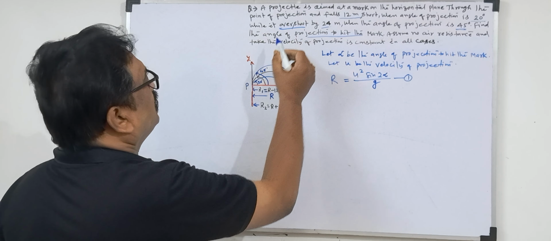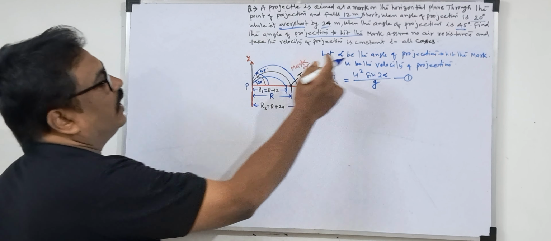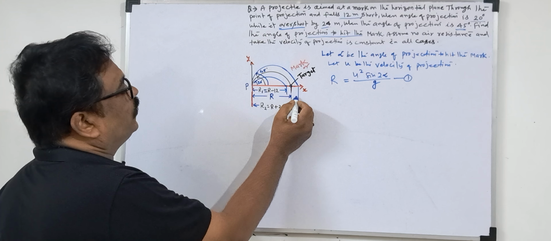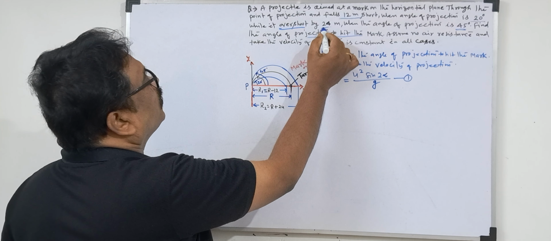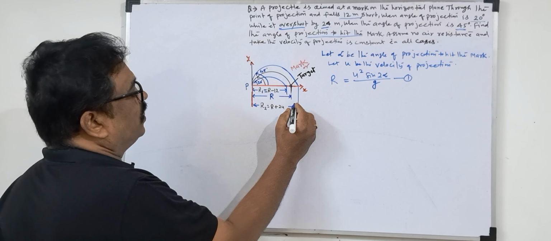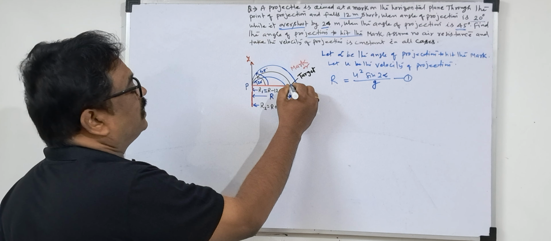Next case: if the angle of projection is 45 degrees, it overshoots by 24 meters. That means from the range it goes 24 meters beyond, so it is not hitting the target.